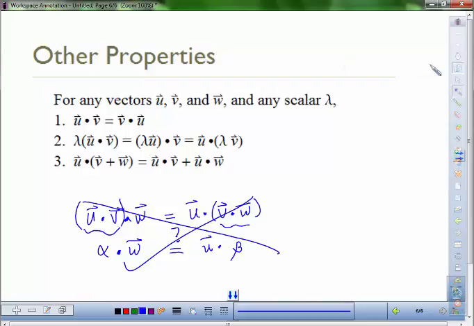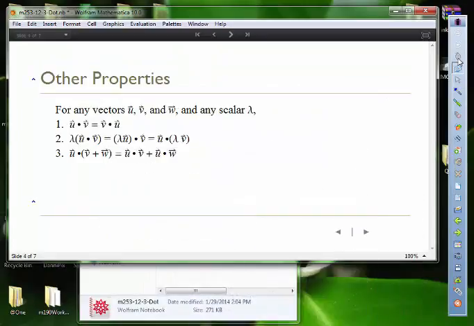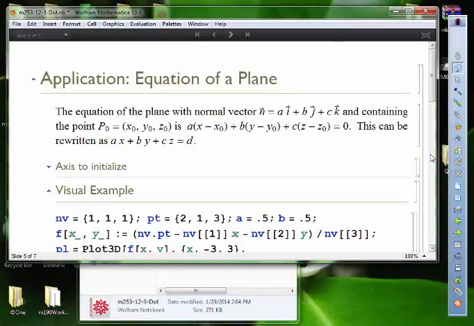Okay, let's see if we can jump into some applications now. We're going to look at an application with geometry.